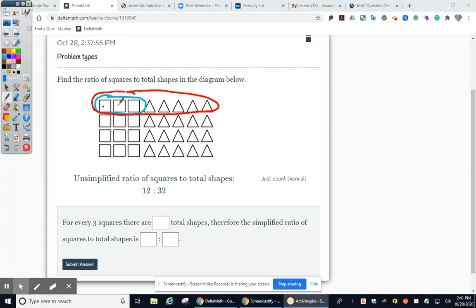And I have 1, 2, 3, 4, 5, 6, 7, and 8. So here, whenever there are 3 squares, there are 8 total shapes. Therefore, the simplified ratio of squares to total shapes would be 3 squares for every 8 total shapes.